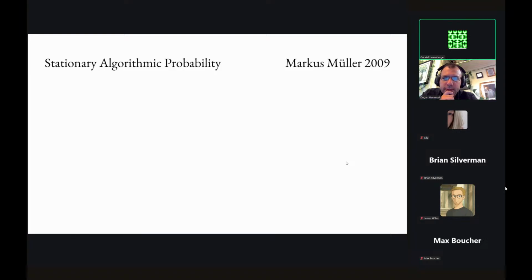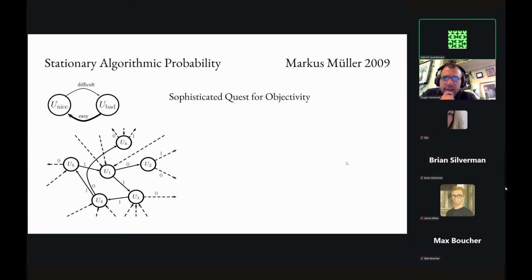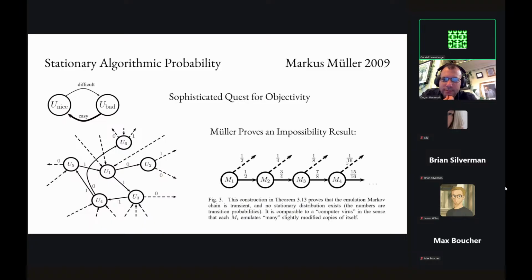So there was one attempt to resolve these two objections by considering all possible reference formalisms and then looking at how they relate to each other, how easily they can simulate each other, and things like that. It's a little bit sophisticated, but Markus Müller himself, the one who proposes it, proved that this is never going to work.